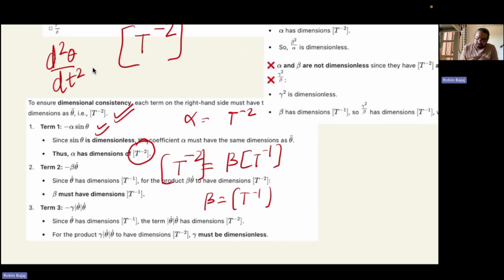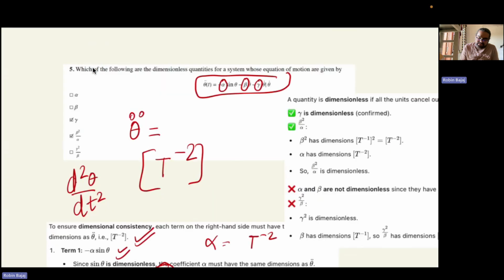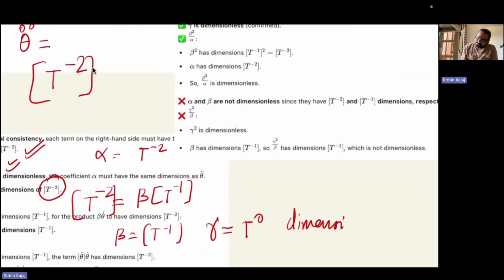In the third case, t power minus 2 is equal to gamma times t power minus 1 times t power minus 1. So gamma is nothing but t to the power 0, dimensionless. So the first correct option is clearly gamma, which has to be dimensionless.